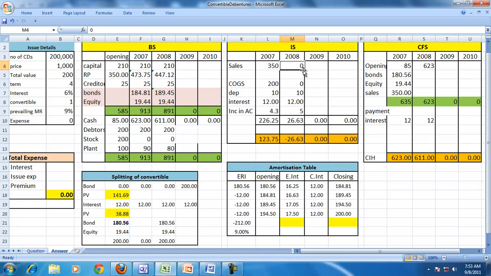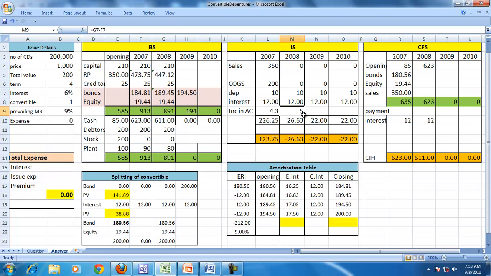In the same way, we can also show the expenses and incomes of the other years. The depreciation we are continuing to show as 10 all the 3 years. Interest, the coupon rate of interest will be shown. The value of the bond is 194.